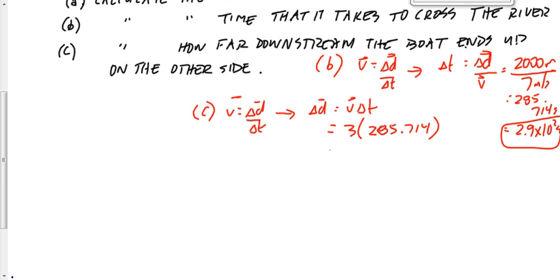Can anybody tell me why I'm allowed to use that time for both velocities? X displacement goes with X velocity. Thank you. Y displacement goes with Y velocity. Time can go with either one. How come? Because it's scalar. Good. So we got 3 times that time that we found for the other component, 857 or 8.6 times 10 to the 2 meters.